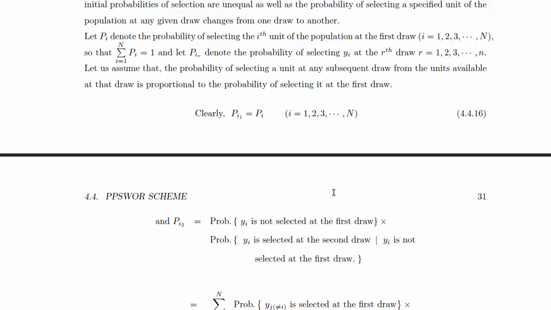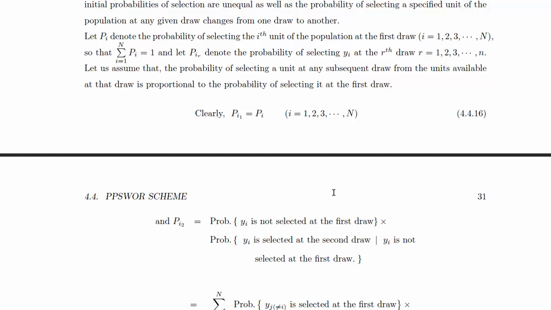Now for the second draw, the probability of selecting the ith unit in the second draw is Pi2. The ith unit is available for the second draw if it is not selected in the first draw.